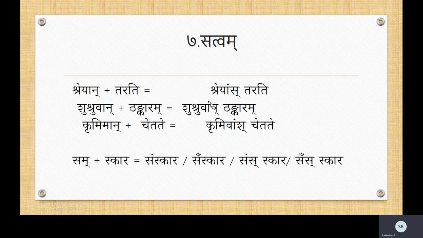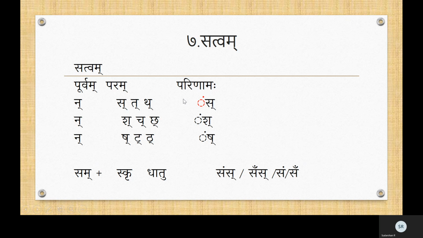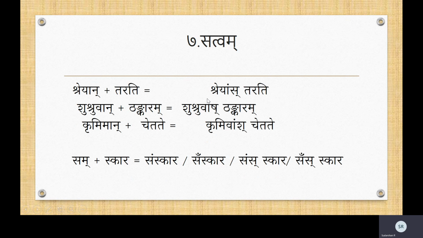That also comes under the sattva sandhi. So please be careful here. Some people would like to put the chandra bindu with the extra chandra here, but that's just a choice. It is a vikalpa. People would generally go with just the anusvaara. But even if you have the extra chandra bindu, there is no problem.